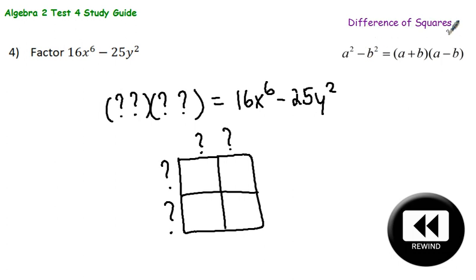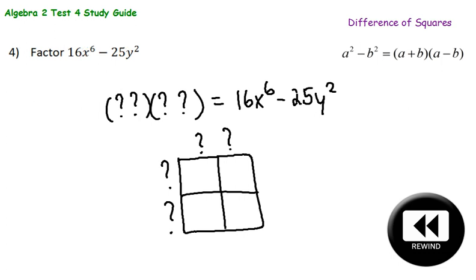The reason why it's called the difference of squares, difference because, well, subtraction, minus, this will always be a minus. So for instance, if this said a plus, it's not this kind of pattern. It has two terms, right, an A and a B? And then these are perfect squares, hence the name difference of squares, meaning that we can take the square root of each one of those numbers.